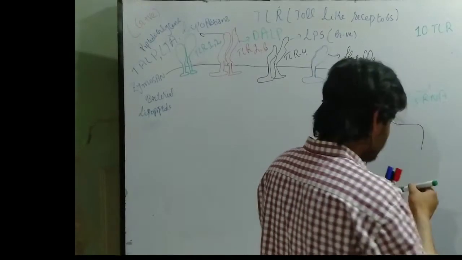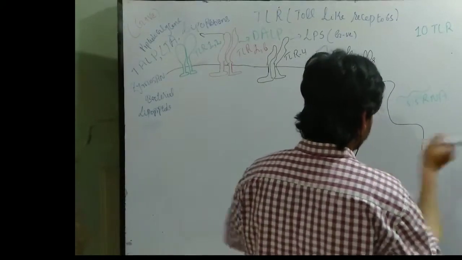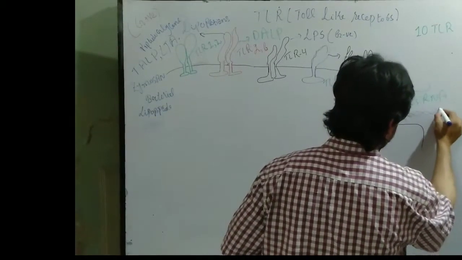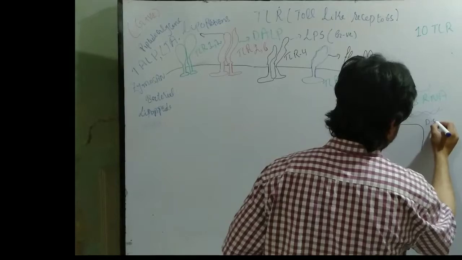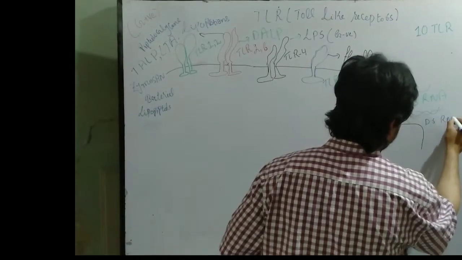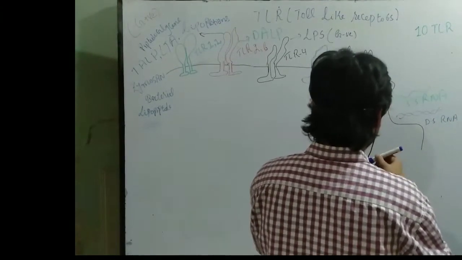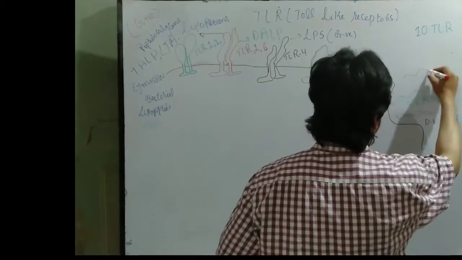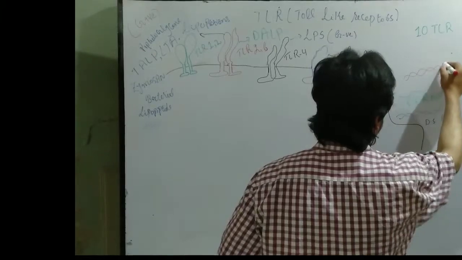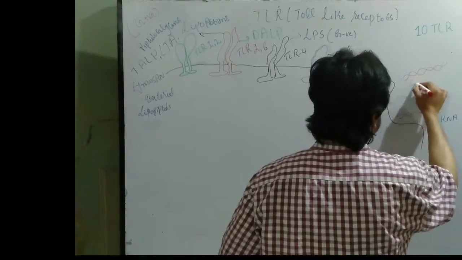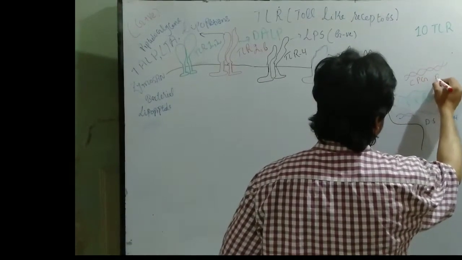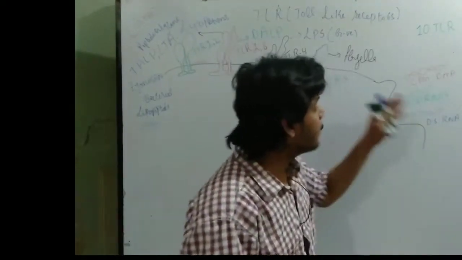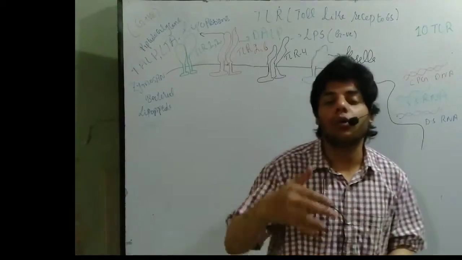Then we have another genome, double-stranded RNA, and we have another genome which we usually call CpG DNA, or unmethylated CpG DNA, meaning cytosine-guanine dinucleotide DNA.